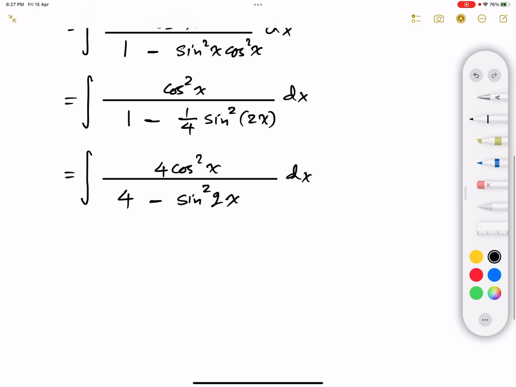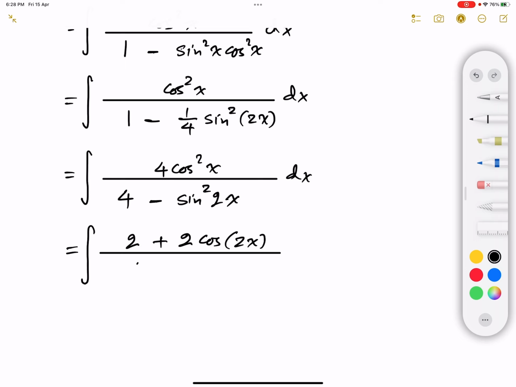Okay, and then we're going to rewrite cosine squared using the formula for cosine of twice the angle. So this is going to be equal to the integral of cosine squared, which is 1 plus cosine of twice the angle 2x, divided by 2. So 4 divided by 2 is going to give us 2, multiplied by 1 plus cosine 2x, divided by the same exact denominator, which is 4 minus sine squared 2x dx, of course.